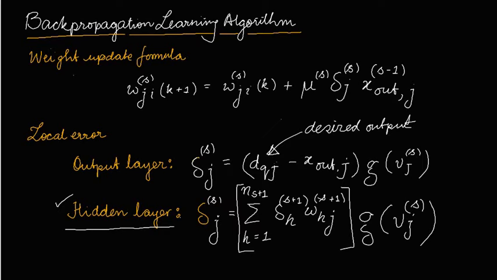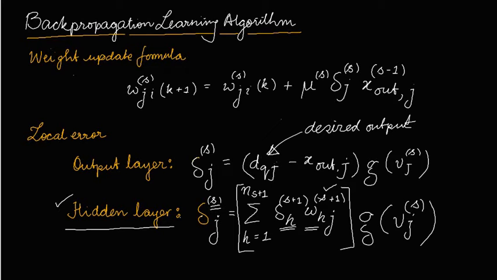If you want to get this local error for a layer other than the output layer, then the formula says that for the hidden layer s, the delta at s plus 1, the next layer, is weighted with the corresponding weights at the same level.